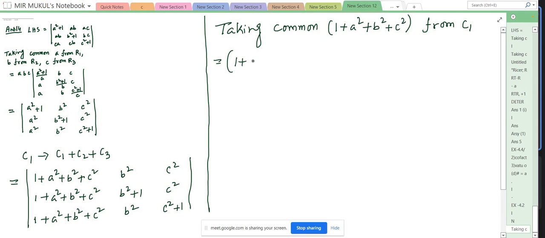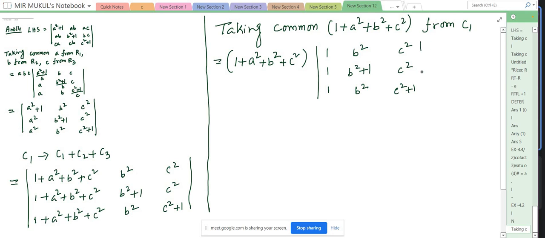So 1 plus a square plus b square plus c square common. Then you will get 1, 1, 1, b square plus 1, b square, c square, c square, c square plus 1.